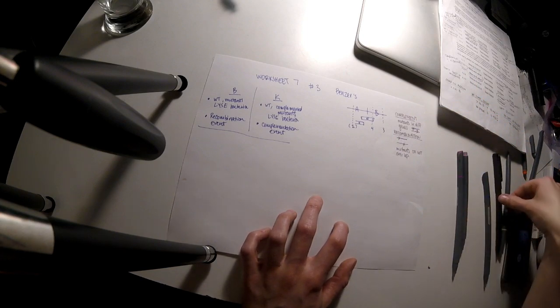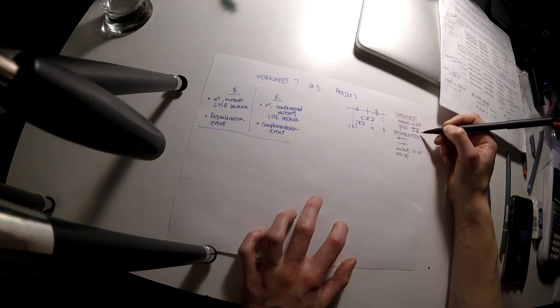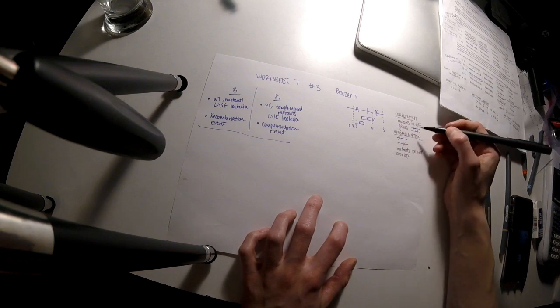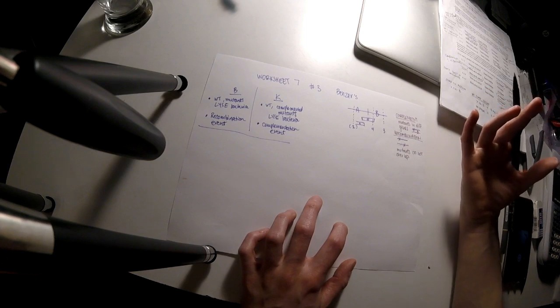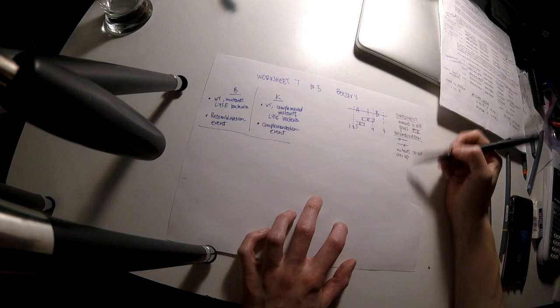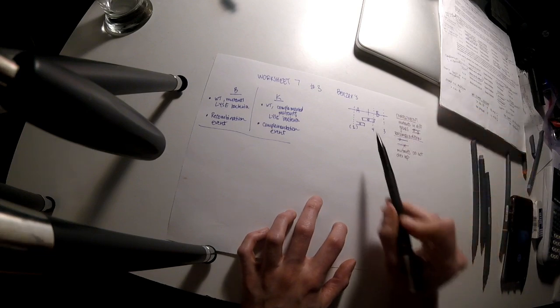And the answer is yes, because here on the blue strand we have a bad A but a good B, and here on the pink strand we have a bad B but a good A. If these two are together in the same bacteria, we'll have a good A and a good B, which is what you need in order to lyse the cell. So that's the second piece, understanding whether or not you can complement and recombine.